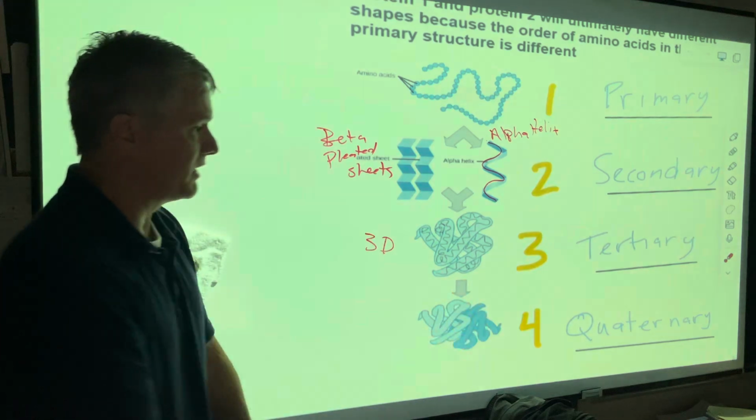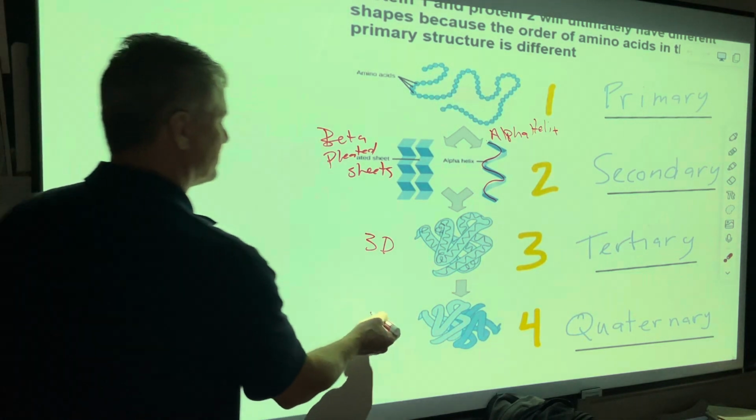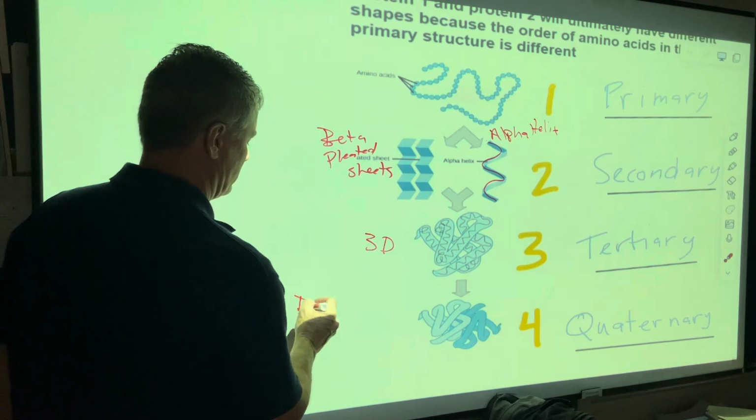Now, quaternary. You notice how all those words have a play on the numbers, right? Secondary, tertiary is 3, quaternary is 4. This is interactions with other proteins.